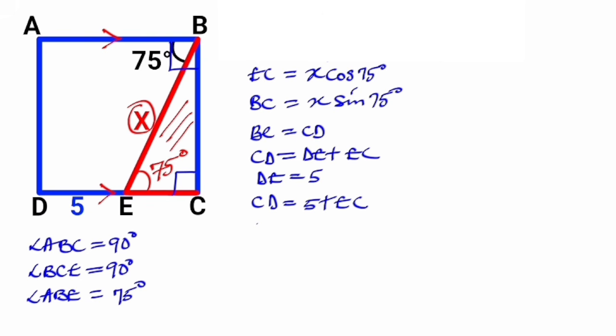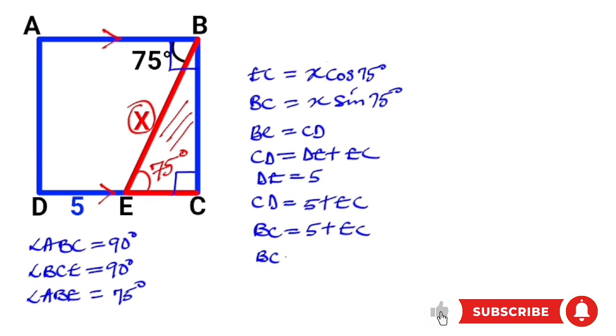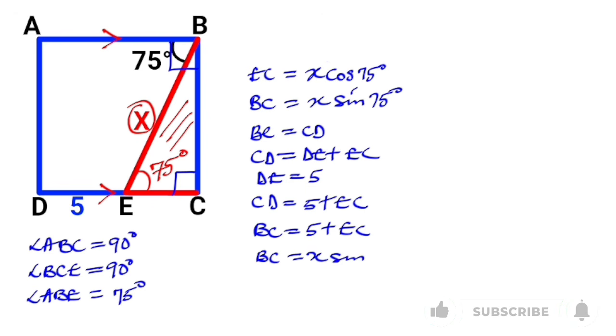Since BC is equal to CD, we can say that BC is equal to 5 plus EC. But BC is equal to x times the sine of 75 degrees, and EC is equal to x times the cosine of 75 degrees.